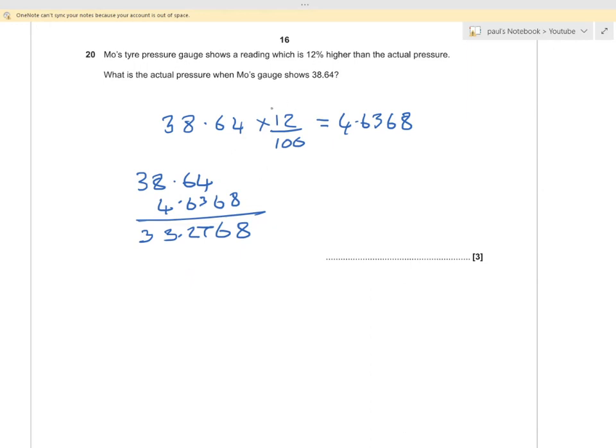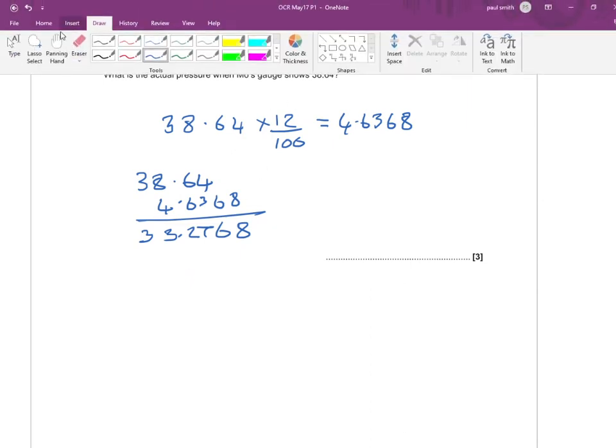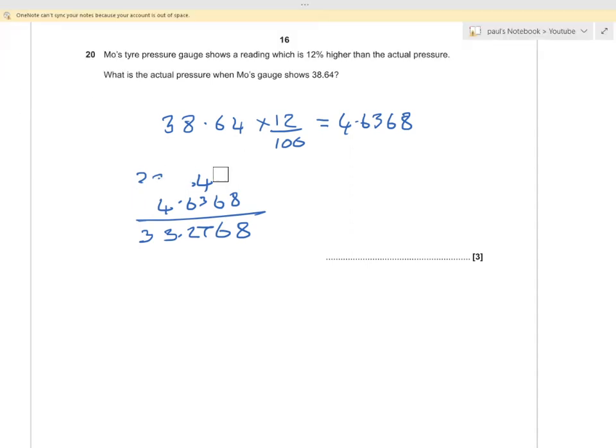Oh, hang on. Have I done this the wrong way round? I think I have. The gauge reads 12% higher than the actual pressure.